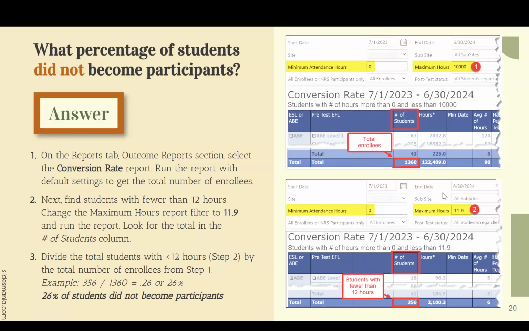I thought if I put in 12 on the table A that I would be including participants. Yes, 12 on the table A is minimum hours, right? If you say I want everyone with 12 and more hours, you're going to include your 12-hour people and everyone above. So it's not a maximum.